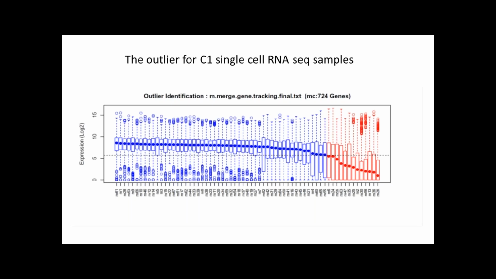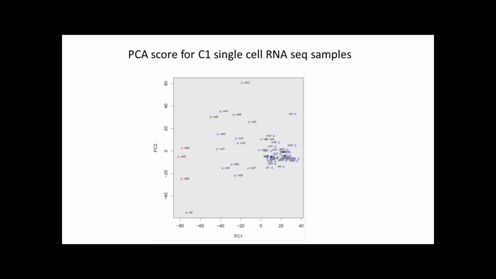So before I do the further analysis, I need to remove these samples. I plot the PCA figure for the single-cell RNA-seq samples, and we can see these single cells are different from this population.